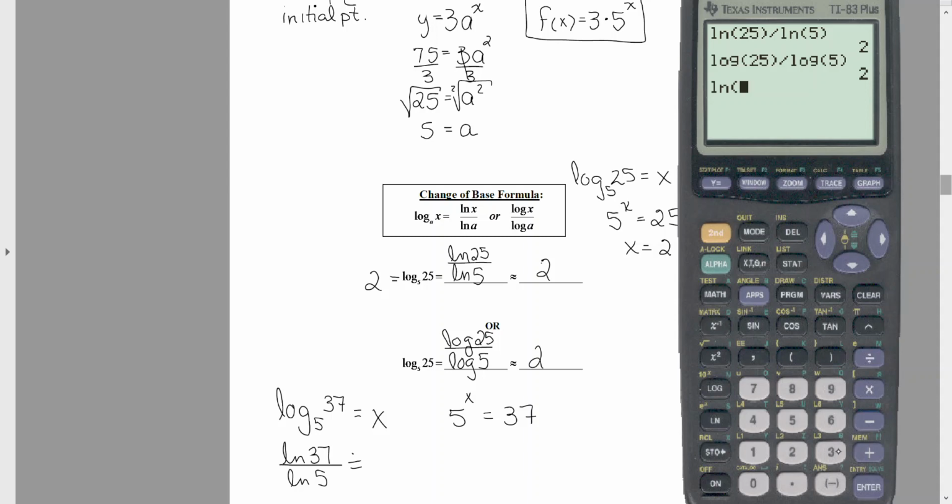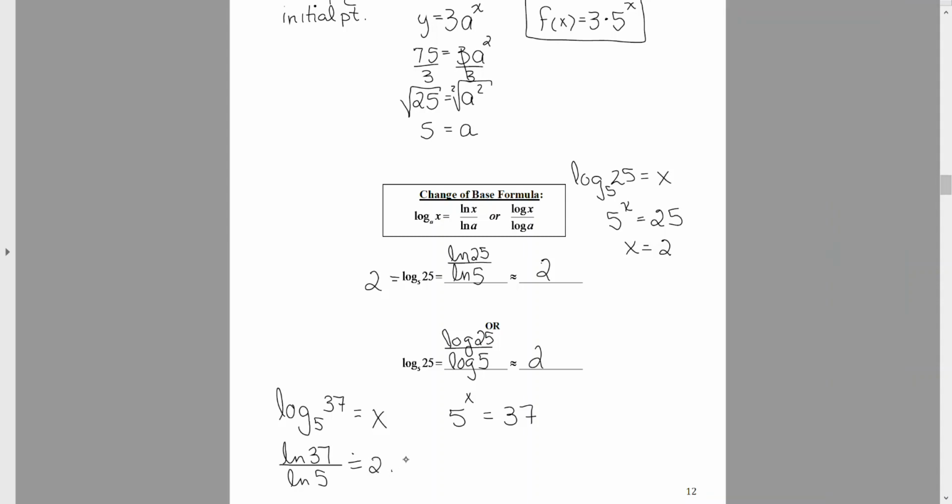Natural log of 37 divided by natural log of 5. And it's going to be about 2.24. So if I took 5 and raised it to the 2.24 power, it should get me something pretty close to the number 37. That's what log base 5 of 37 is equal to, about 2.24.